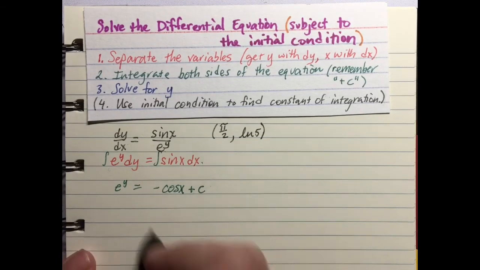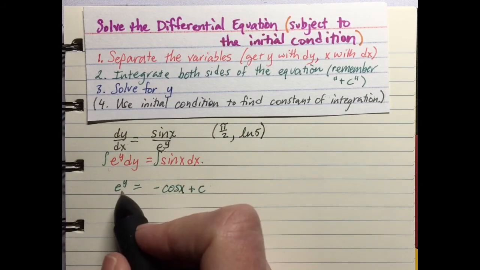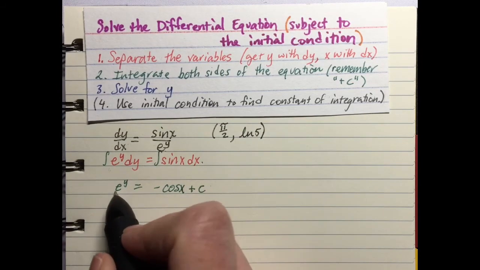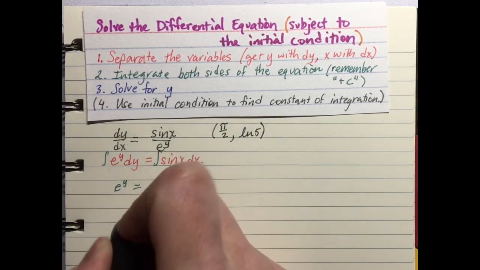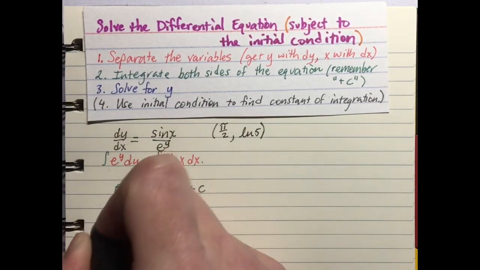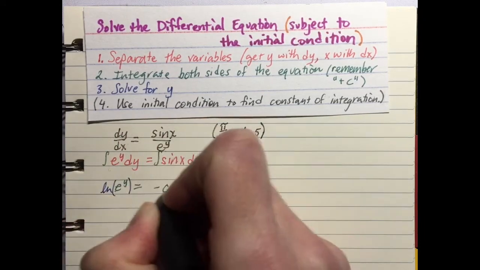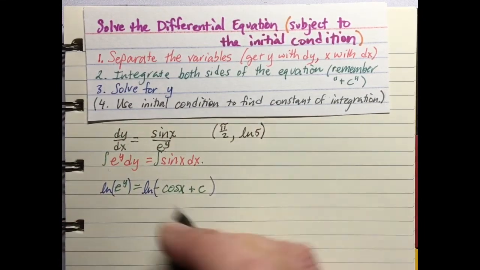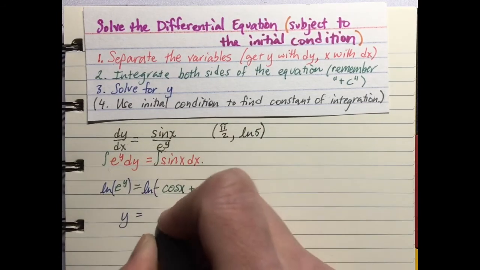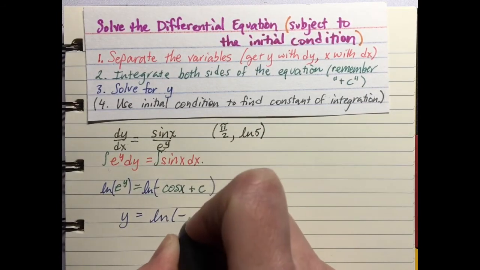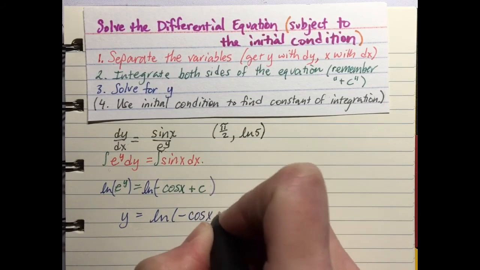So next step is the solving for y. And remember that since natural log and e to the are inverses of each other, they undo each other. If I do the natural log of both sides, it will undo that. If we have natural log of e to the y, it's just the y. And then on the right, I have natural log of negative cosine x plus c.